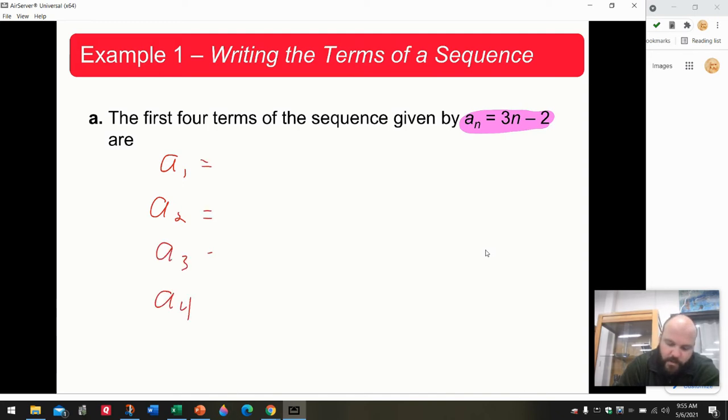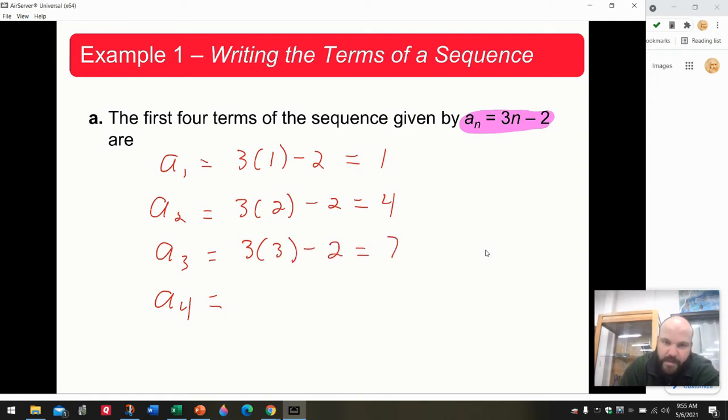And the way that you get all of those is to put the numbers 1, 2, 3, and 4 into our formula. So in this case, it's 3 times 1 minus 2, and that will give us 1. The next one is 3 times 2 minus 2, which will be 4. The next one after that is 3 times 3 minus 2, which would be 7.